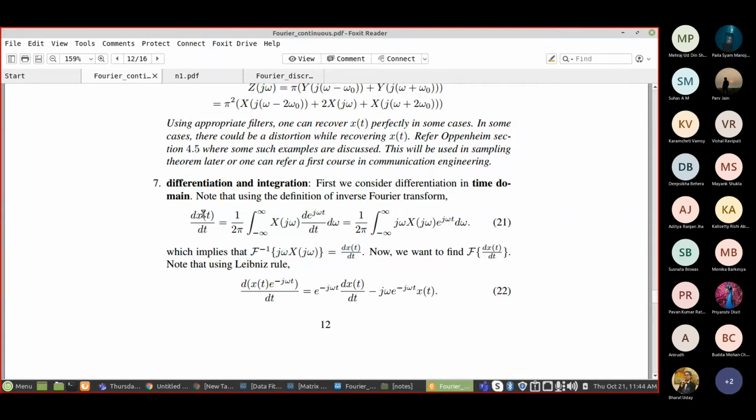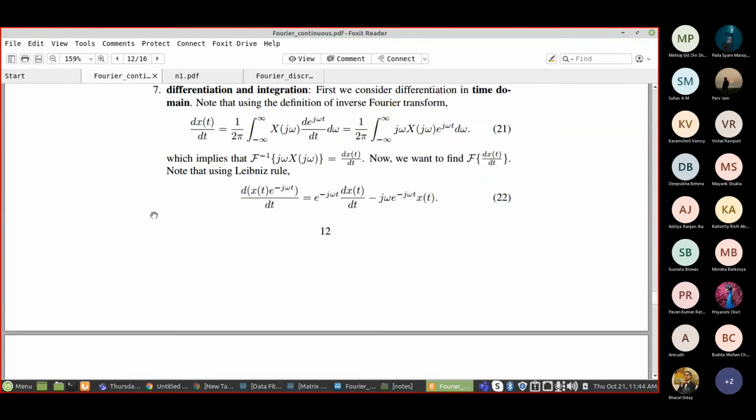So note that x is square integrable. Because its Fourier transform exists, x must vanish at plus and minus infinity. If x does not vanish at plus and minus infinity, it cannot be square integrable. So we are going to use that property.